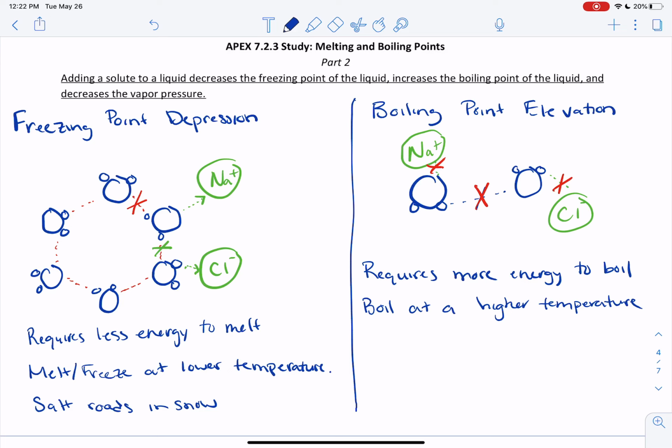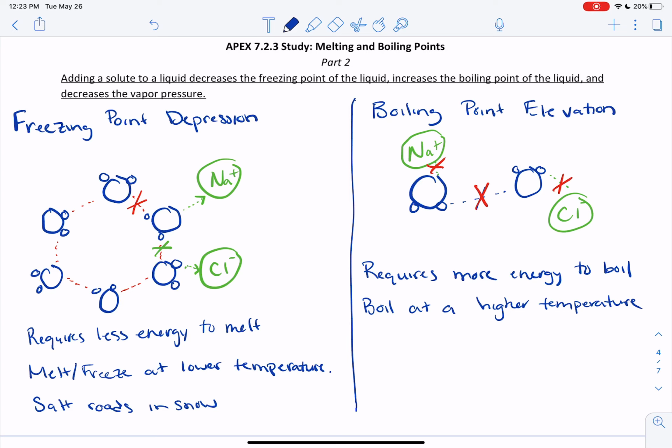So the sodium and the chlorine interact with the water, but you need to break all of the interactions for it to become a gas and spread out. Since we are making more interactions, there are more interactions we have to break for it to boil, so it's going to take more energy, and it's going to boil at a higher temperature.